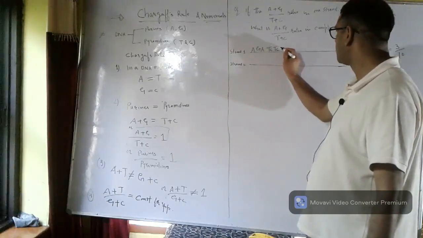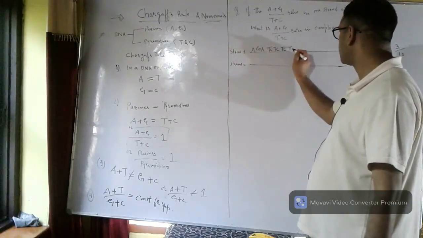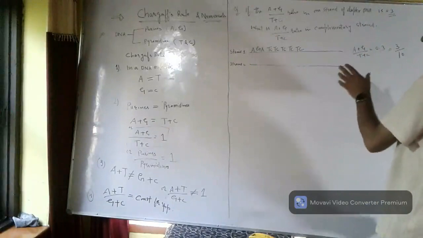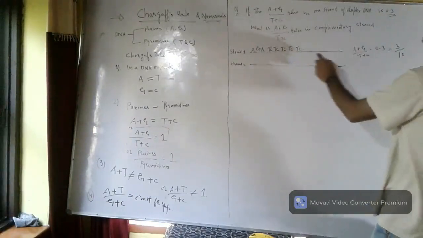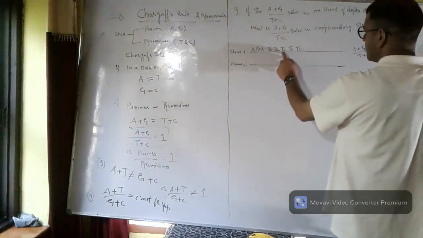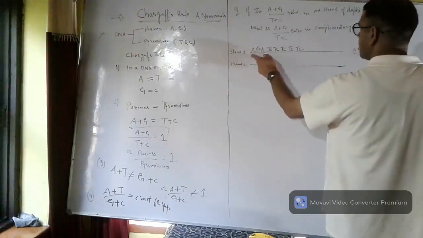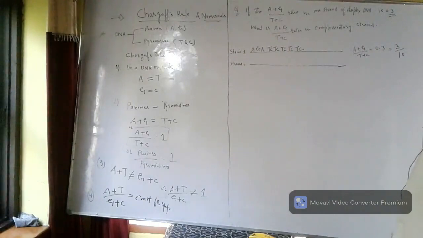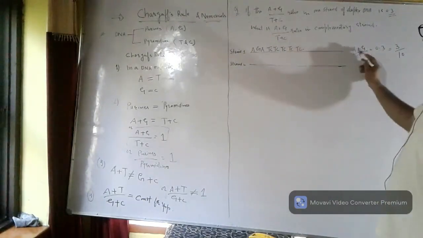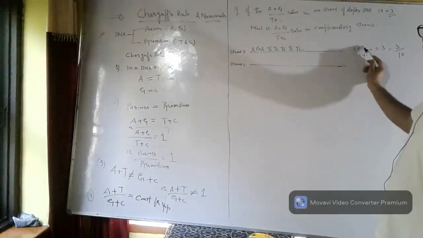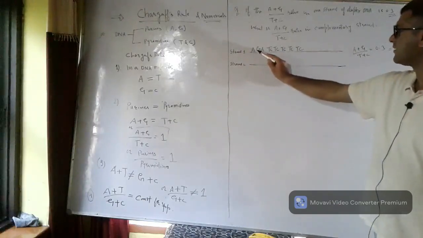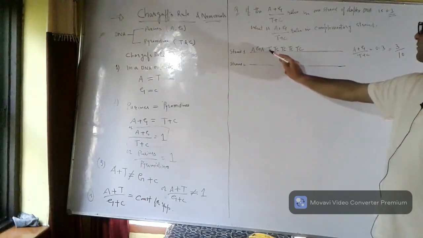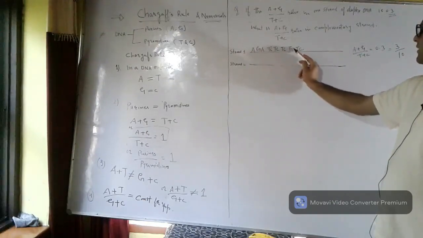That means in total there are 13 bases. Of these, 3 bases are adenine and guanine, and 10 bases are thymine and cytosine.